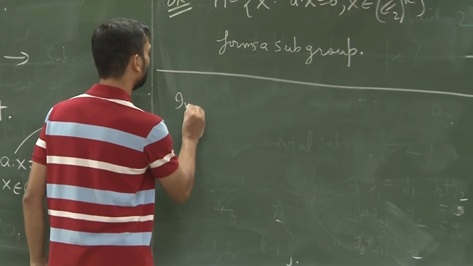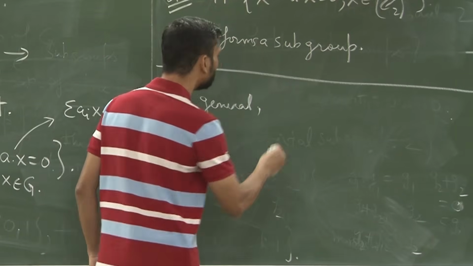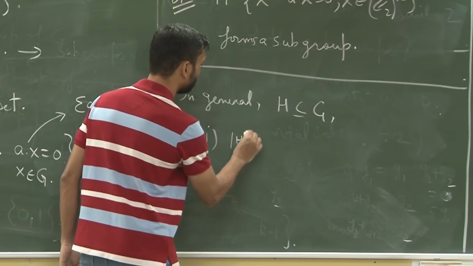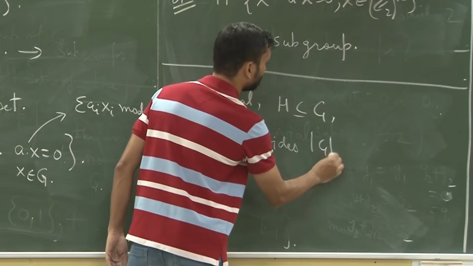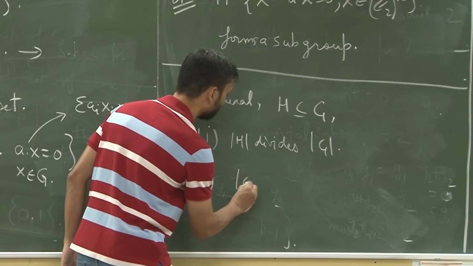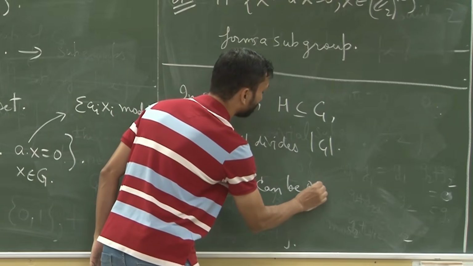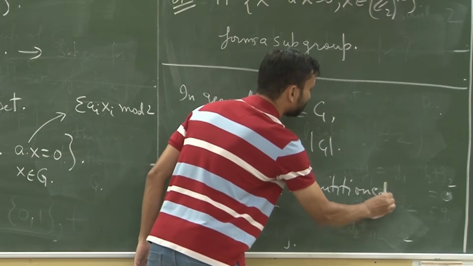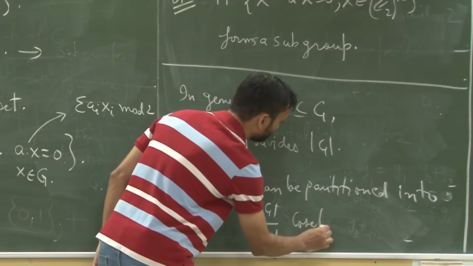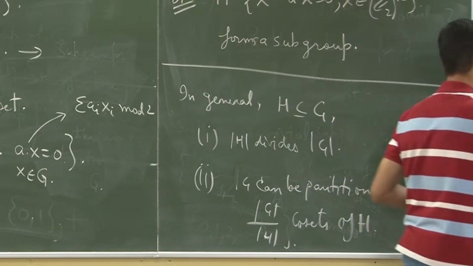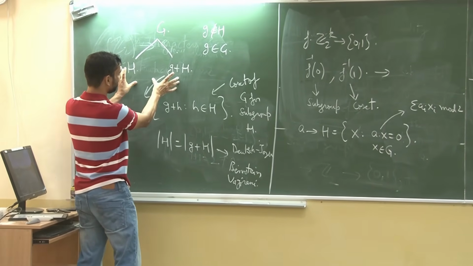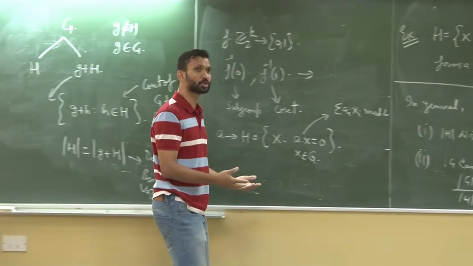I would just say, in general, given any subgroup H of G, we will always remember that the cardinality of H divides the cardinality of G, and more importantly, G can be partitioned into these many cosets of H. So this property which you saw here, that you have a subgroup and a coset, all the sets are distinct from each other and they partition G, this actually remains true for any general subgroup.